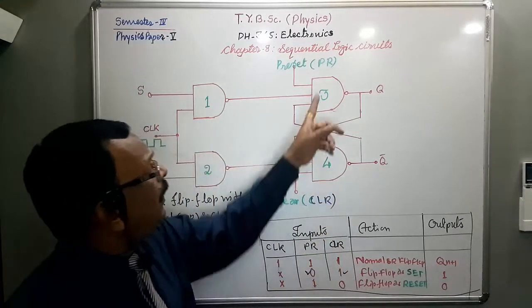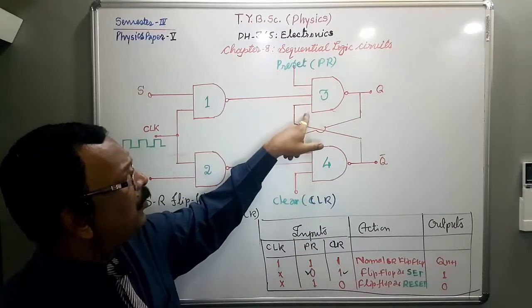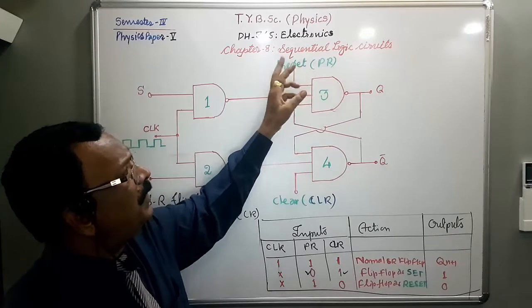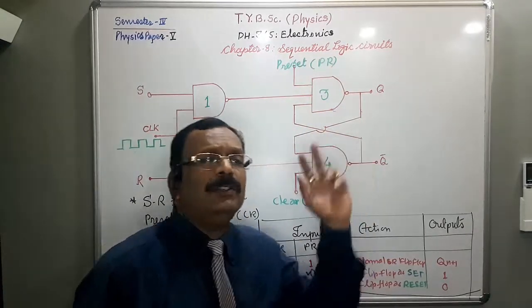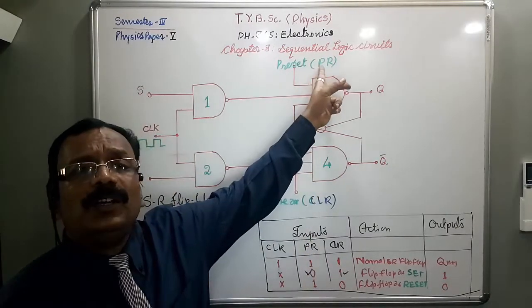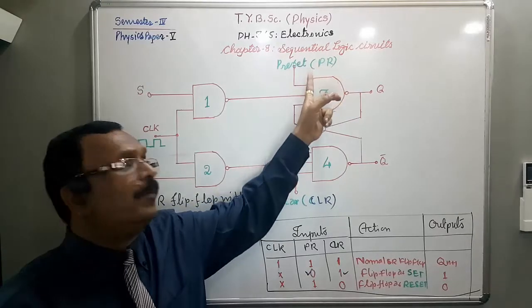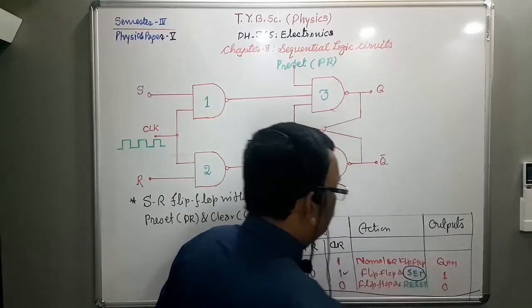What I say, when PR is set to 0, whatever may be the other inputs, for this NAND gate, when any one input is 0, then obviously its output is 1 for any values of S and R. This means that when preset is equal to 0, the flip-flop is set.